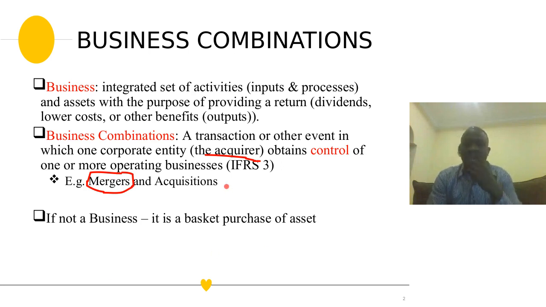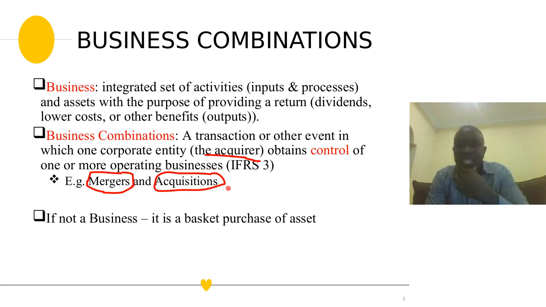Now, the combination may also be in form of an acquisition. When Company A is acquiring Company B, what it simply means is that A will be buying B. So in such an instance, the company that is being acquired, we call it the acquiree.